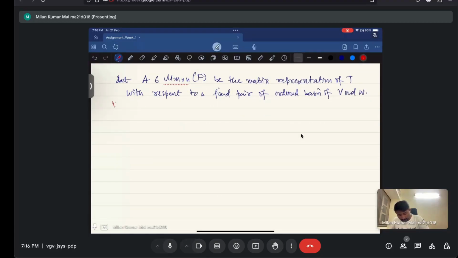does there exist any relation between the matrix representation of T and T transpose? The answer is yes.